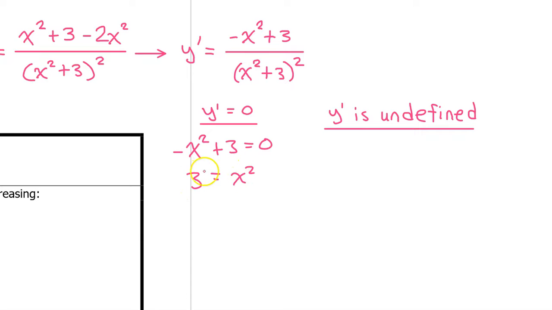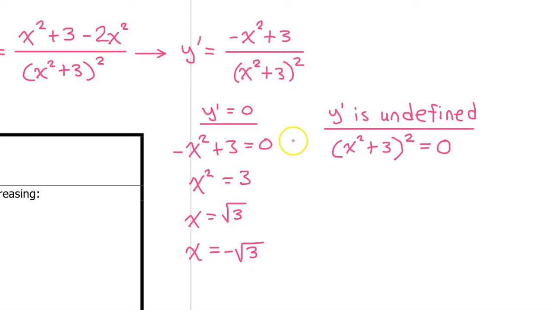I'm just going to flip this around. Taking the square root of both sides, we have x is equal to plus or minus the square root of 3. To be clear, this is two different critical values. X equals positive square root of 3 and x equals negative radical 3.